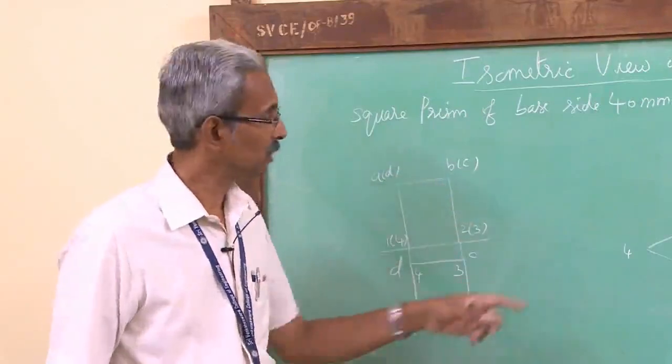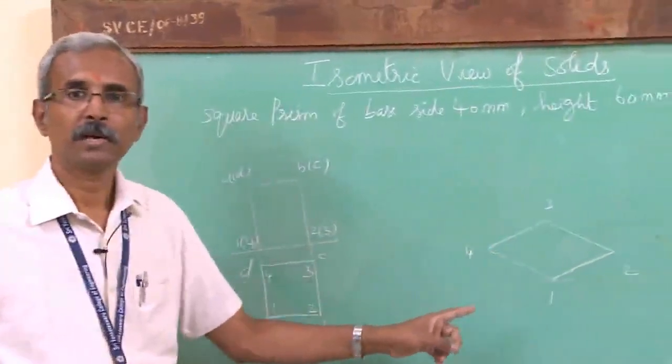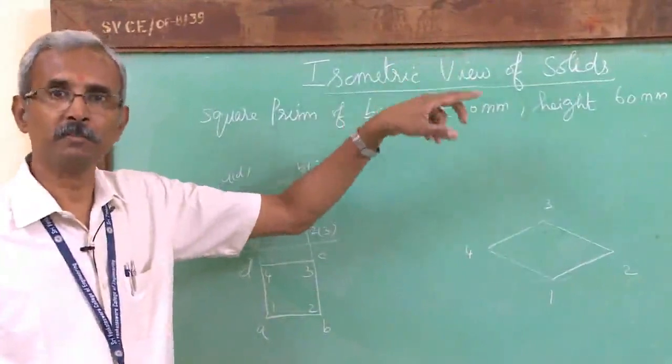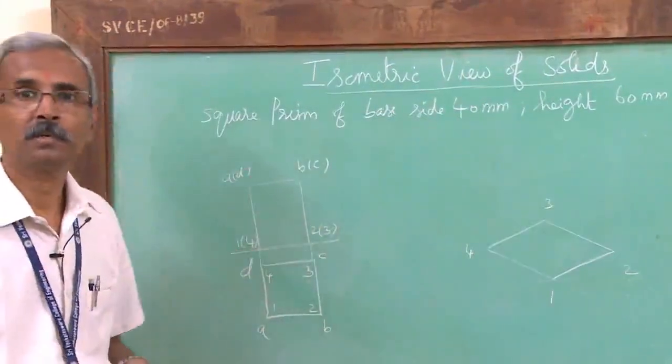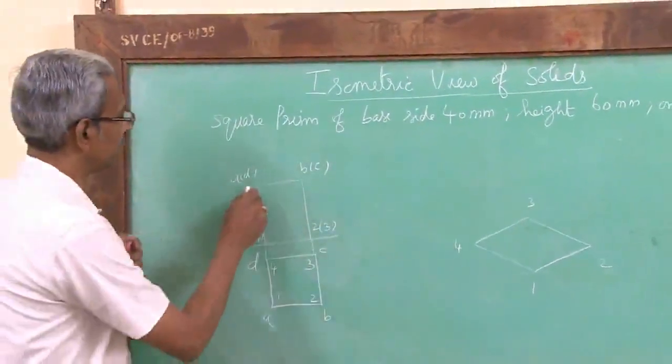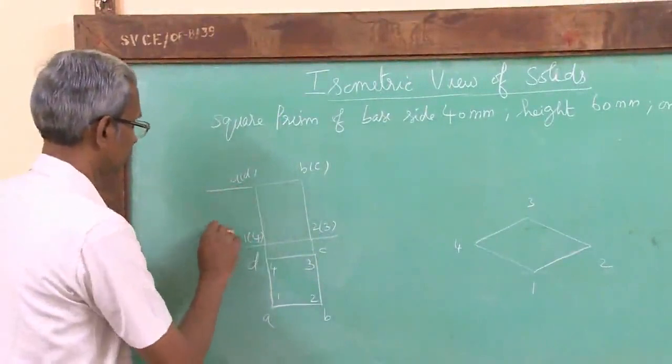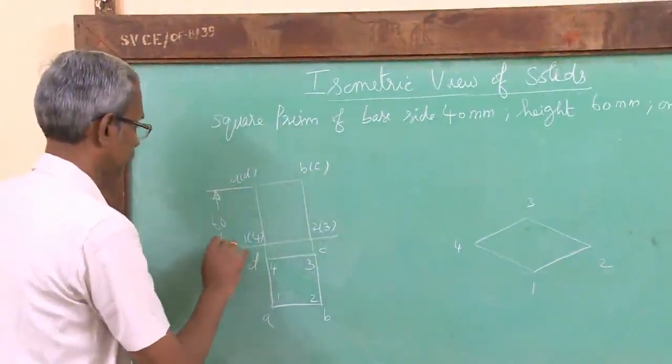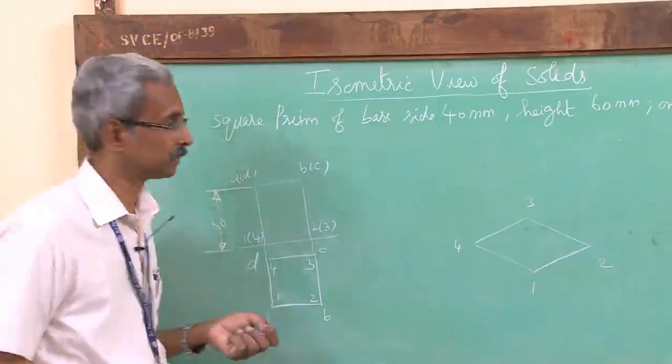So now what you have to do is, from all these 4 corners, erect vertical lines equal to the height of this prism, which here is 60 millimeters.